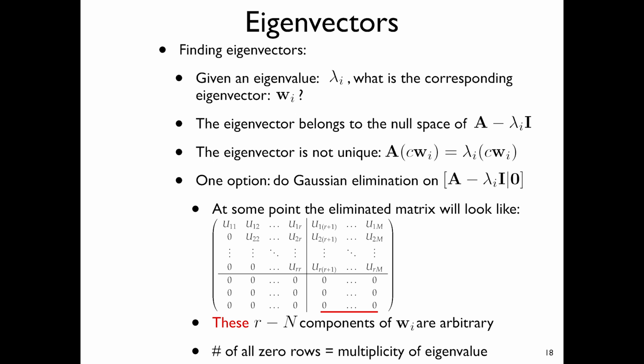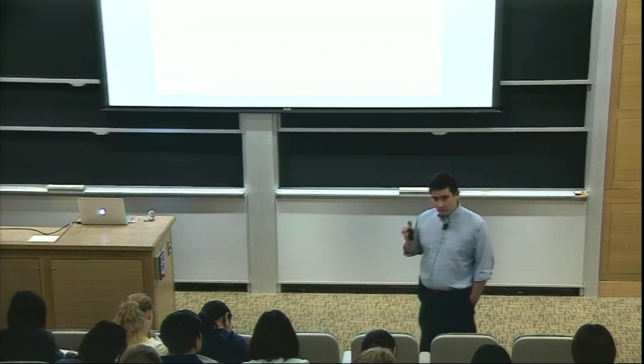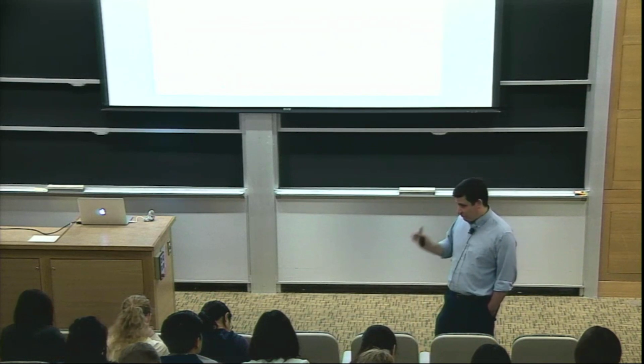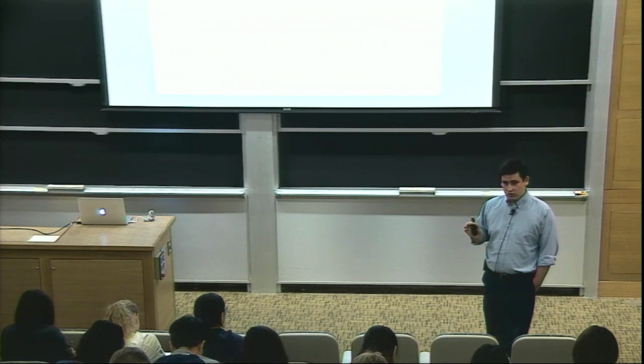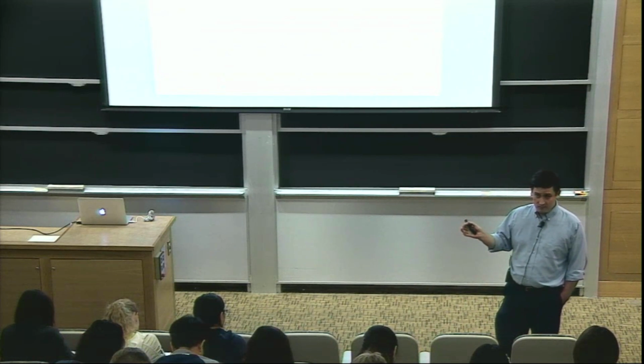The number of all-zero rows is called the geometric multiplicity of the eigenvalue. Sorry, geometric is missing here. It's the number of components of the eigenvector that can be freely specified. The geometric multiplicity might be 1.